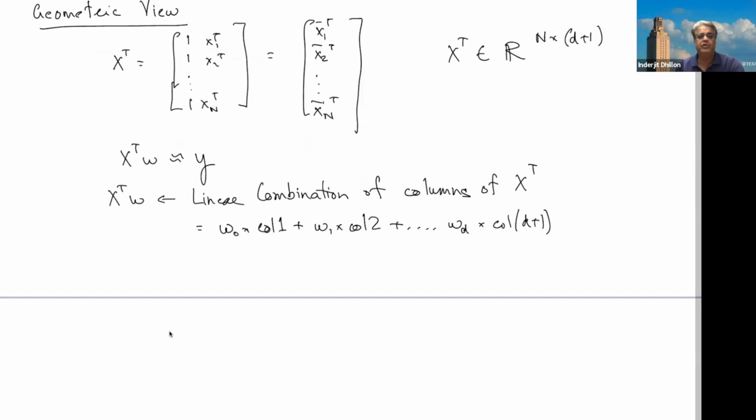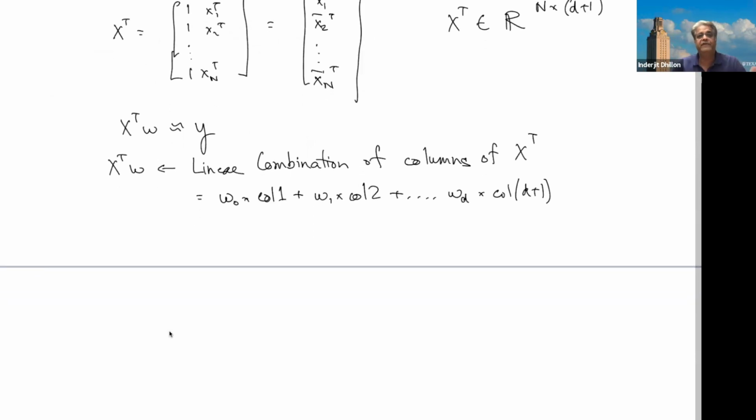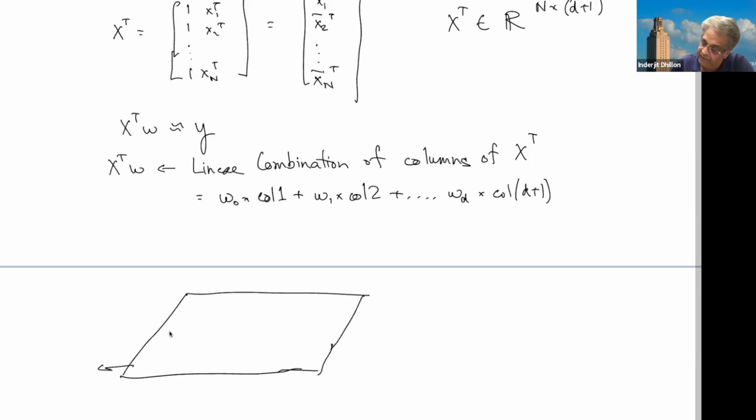I can actually think of it in a geometric way. These are linear combinations, and there are D plus 1 columns, so it's a subspace of dimension D plus 1. Suppose I say that this is the column space of X transpose, which is also known as the range space of X transpose.